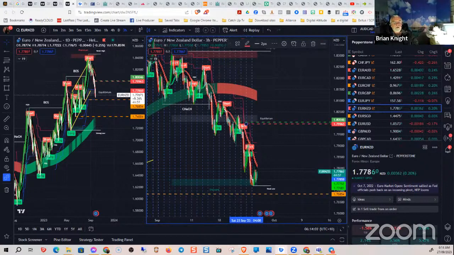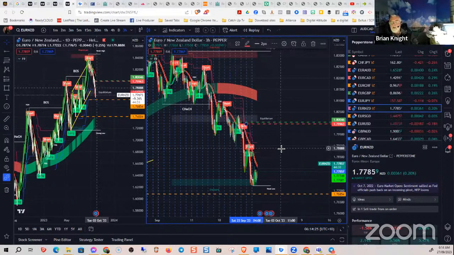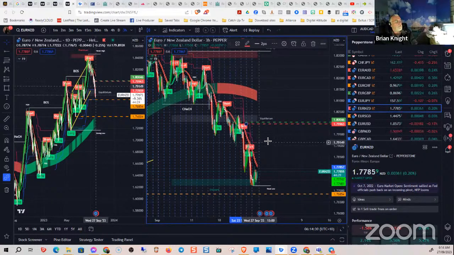I don't want to move it down further yet. What's this? 1.79963. This is just a little bit of housekeeping going on as well. I'm only in one for that, and it's up 200 pips or so.